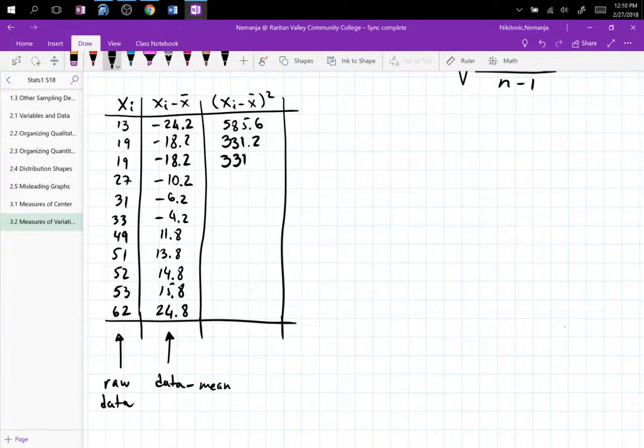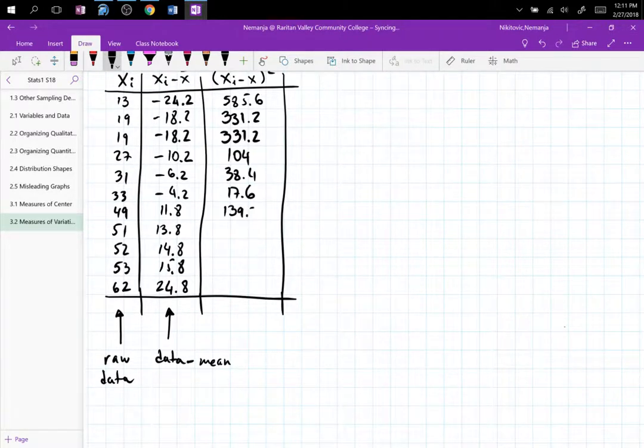And the next one is the same. 10.2 squared is 104. 6.2 squared is 38.4. 4.2 squared, 17.6. 11.8 squared is 139.2. 13.8 squared, 190.4. 14.8 squared is 219.